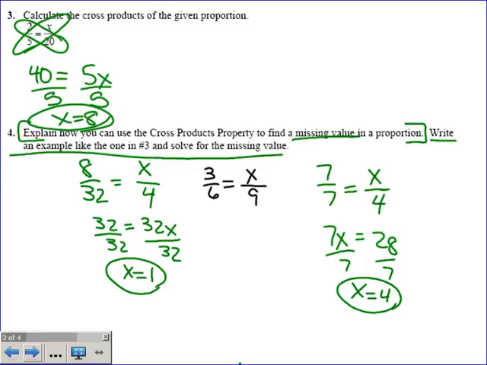Okay, so you multiply 3 times 9, which is 27, equals 6 times x, which is 6x. Divide both sides by 6, and you get x equals 4.5. It's totally fine. Sometimes we'll get decimals, and that happens. Anyone else want to share their example that they had?